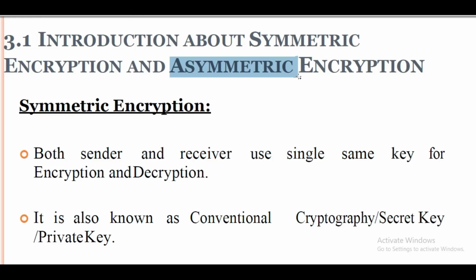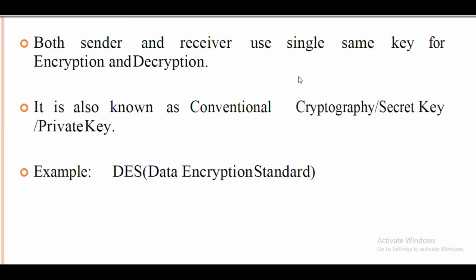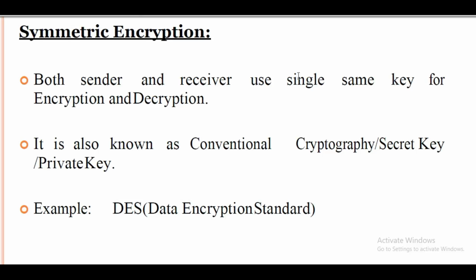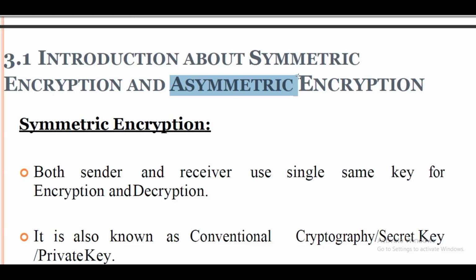Conventional cryptography is another name for symmetric encryption, or secret key or private key. Clear? And make sure you put the examples for both: the Data Encryption Standard is the example of symmetric encryption, and RSA is the example of the asymmetric encryption method.